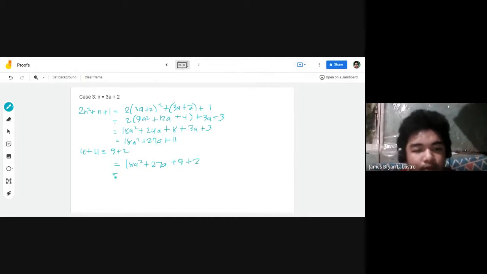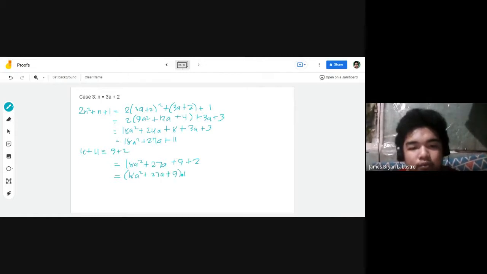Then we have to regroup this, as the factor of 9 or factor of 3. So 18a squared plus 27a plus 9 plus 2. Then factor out 3. So we have 6a squared plus 9a plus 3 plus 2.